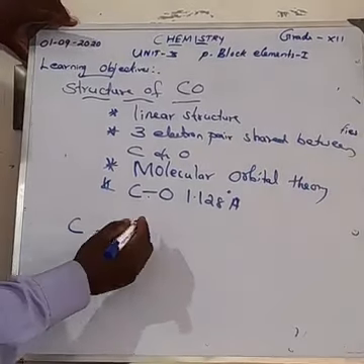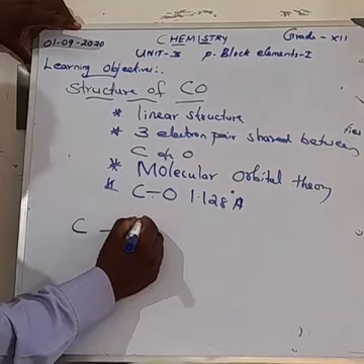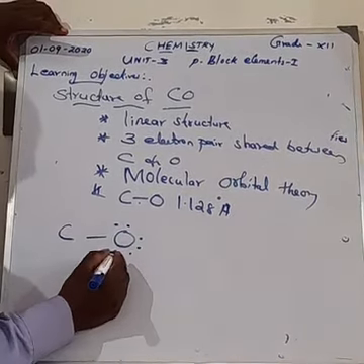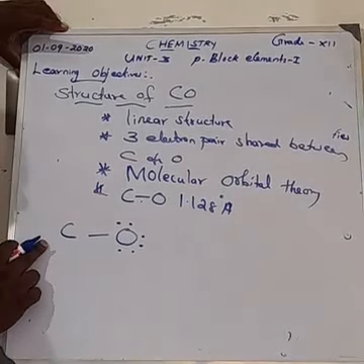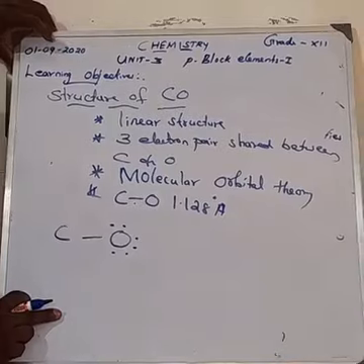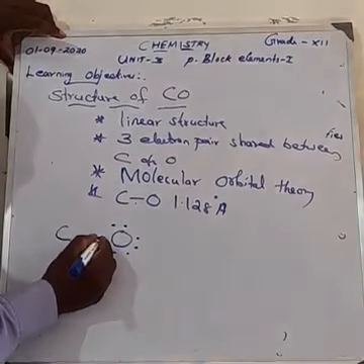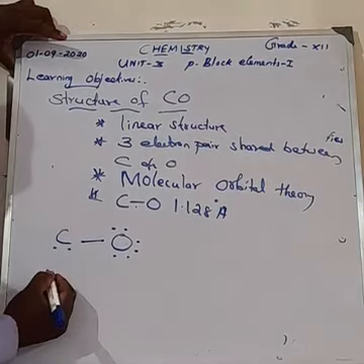So first, we accommodate the 6 electrons to oxygen: 1, 2, 3, 4, 5, 6. Carbon, as I already told you, has outermost 4 electrons: 1, 2, remaining 3, 4.